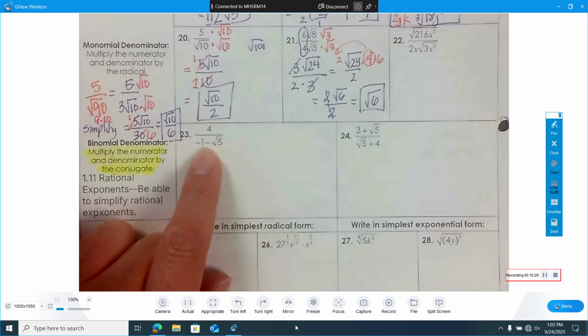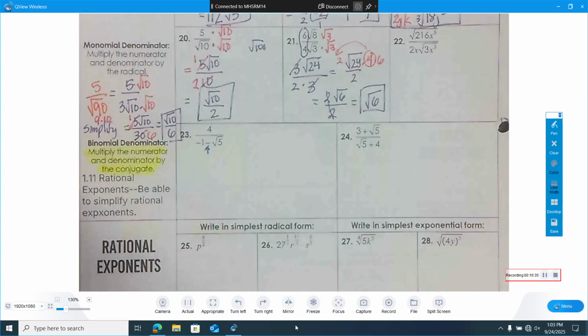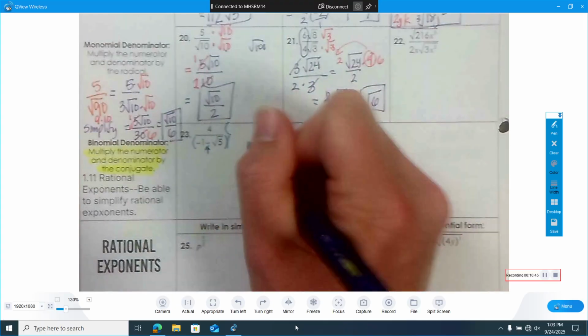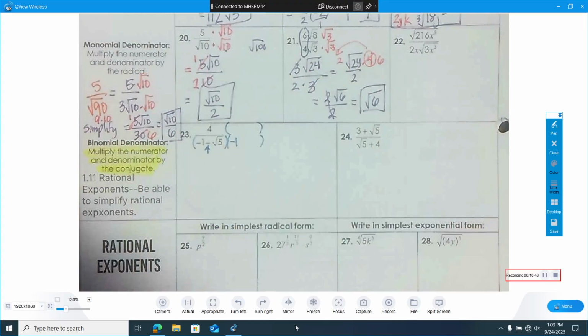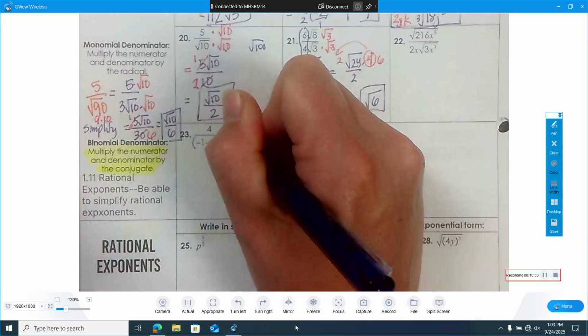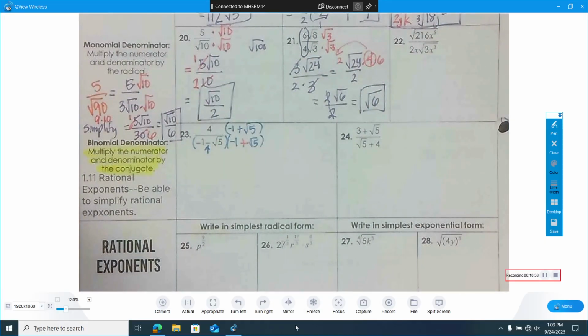To take the conjugate is to change one sign. The conjugate is going to change the middle sign. We don't change everything, we just change one sign, okay? So we're going to multiply top and bottom by the conjugate, which in this case is going to be -1 plus radical 5 on top and bottom. And you'll see why that works nicely in a minute when we multiply it all together. So that is the conjugate, to change one sign in the middle.